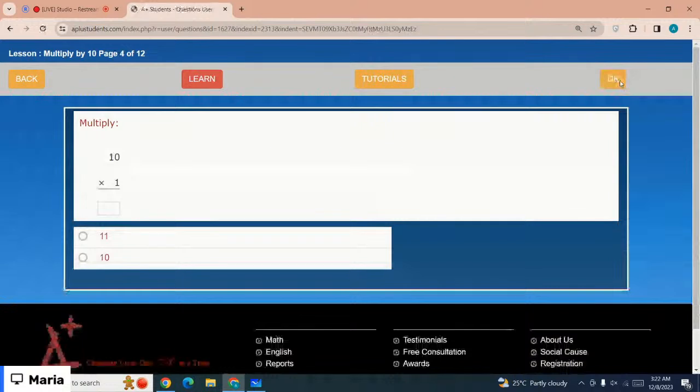Okay, the next one is 10 times 1, which is the correct option? Very good. The correct option is 10. 10 times 1 equals 10. Very good.